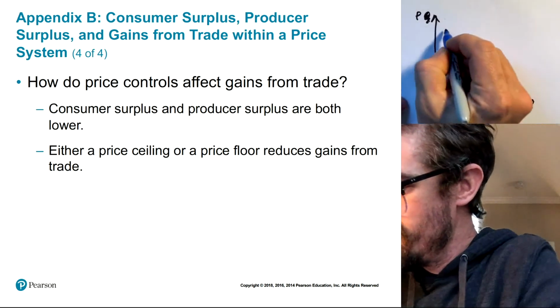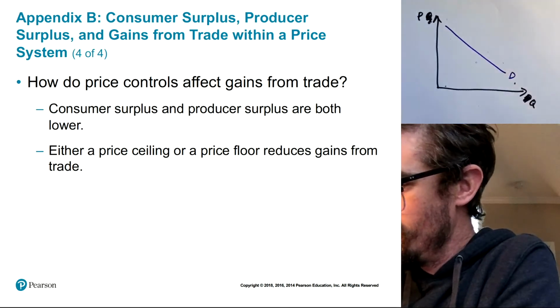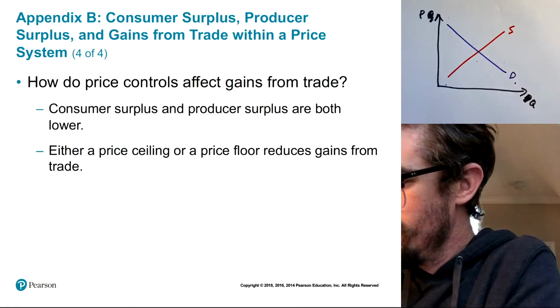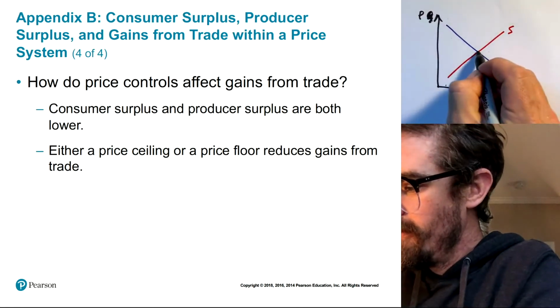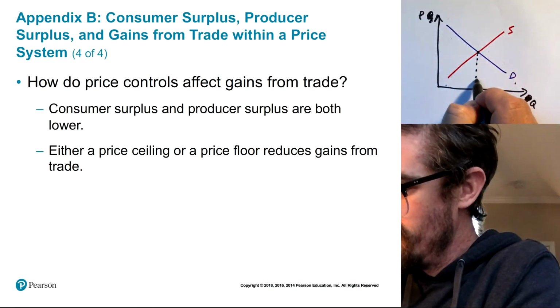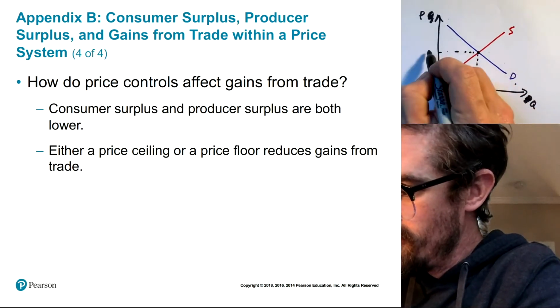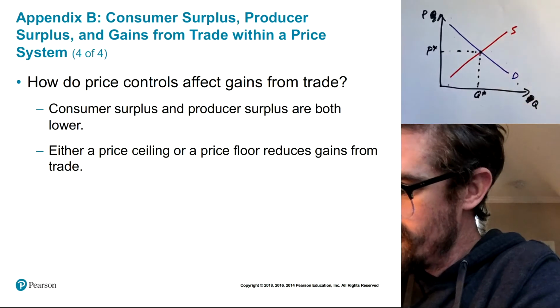Okay. So here we got a demand curve and a supply curve. Here's our equilibrium. There's equilibrium quantity. There's equilibrium price.